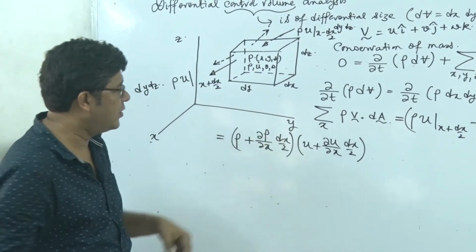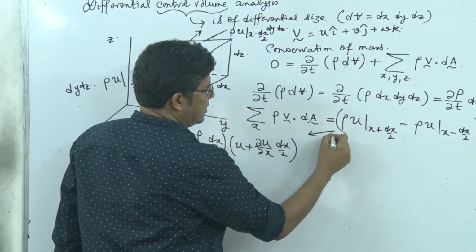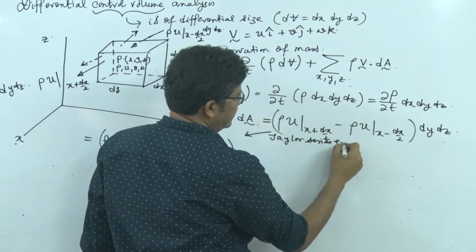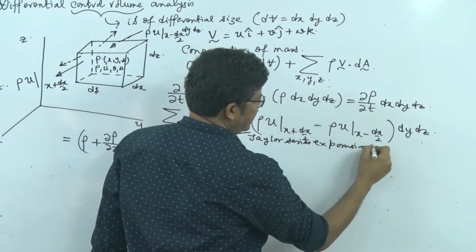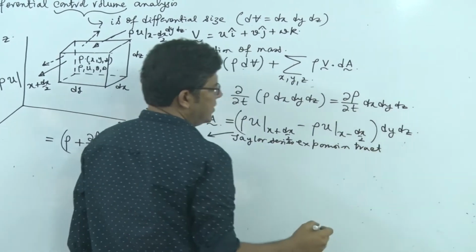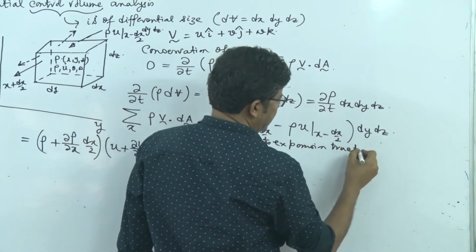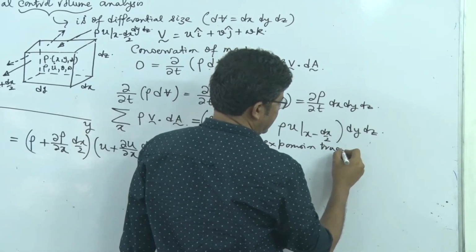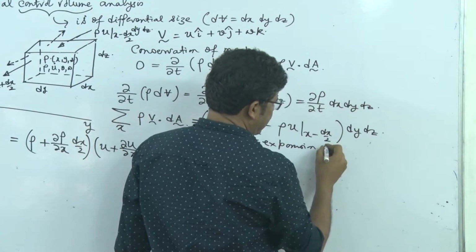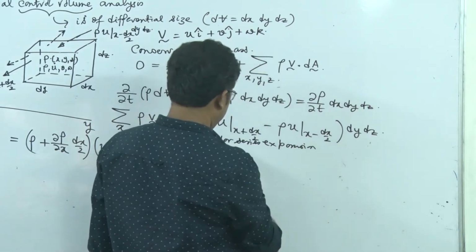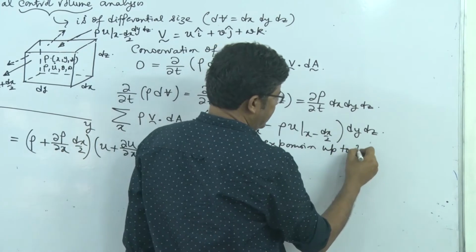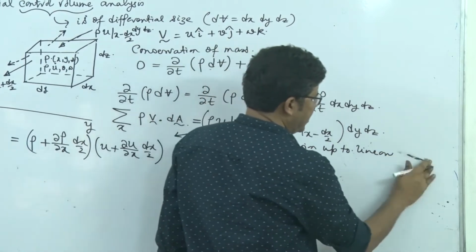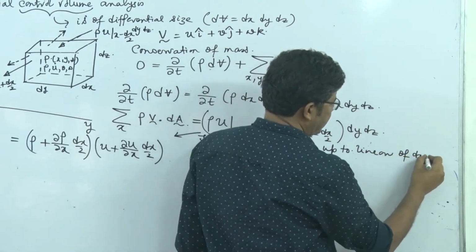So we are generating it via a Taylor series expansion, truncated up to the linear term of dx only.